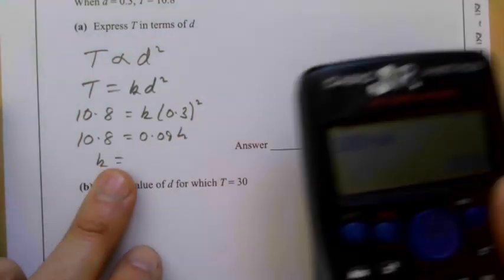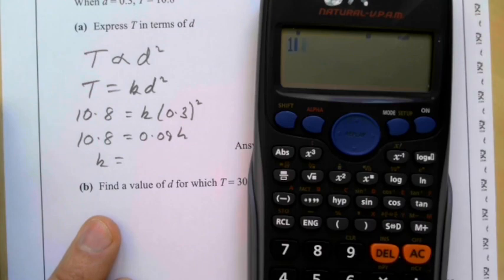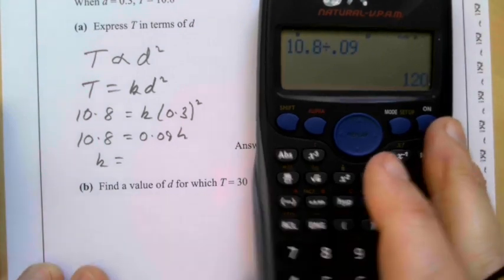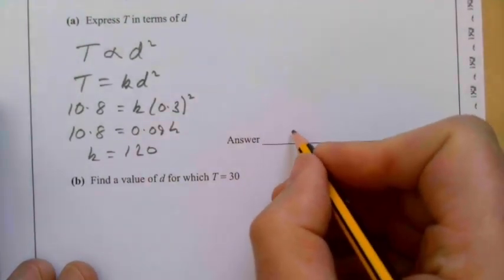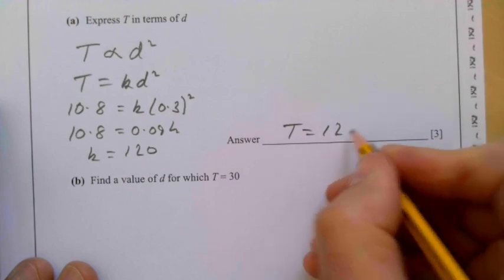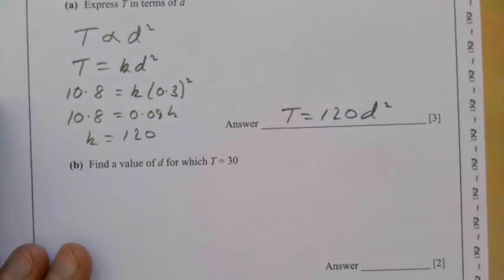K then is 10.8 divided by 0.09, and K is 120. So that's our answer that we're looking for. So T equals 120 D squared.